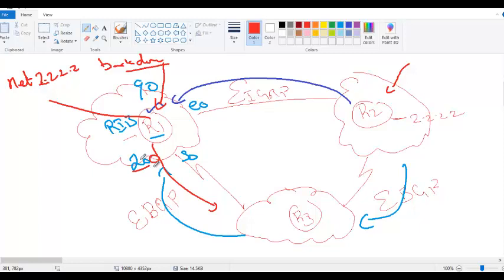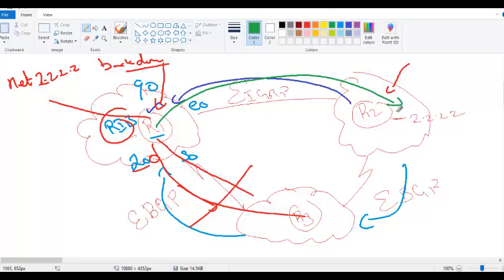Now the RIB, what will it do? RIB will say, I don't want your path. Let me go via the green path. Green path, shortest path. Did you understand this? Or do you have any question?